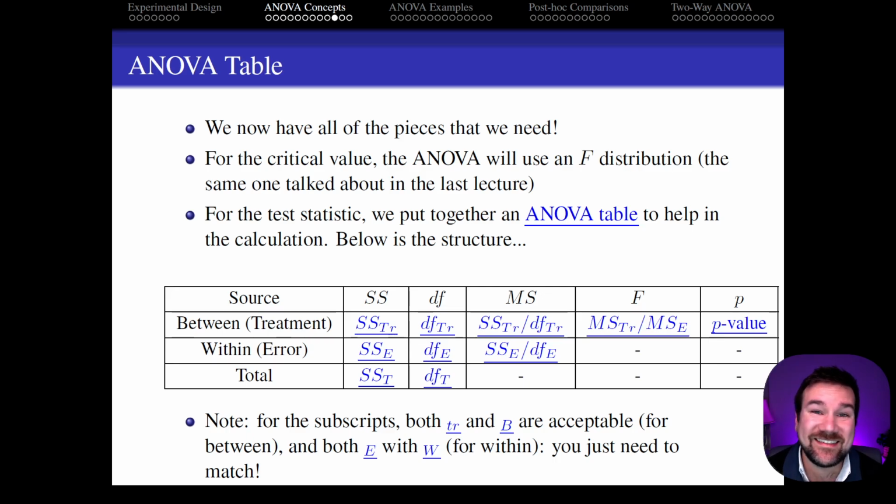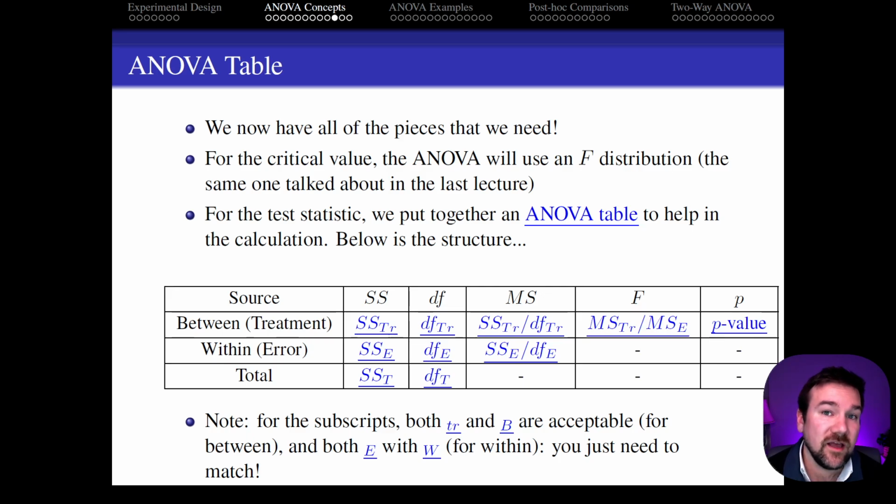The p-value is the same p-value as we've always done for the F, the same kind of one that we did when we were comparing two variances. So the p-value is that same calculation. I'll say, though, when we're looking at the degrees of freedom, remember the F distribution needs two degrees of freedom. Remember where those come from. The degrees of freedom for the numerator, in this case DFTR or DFB, and the denominator is the error degrees of freedom.